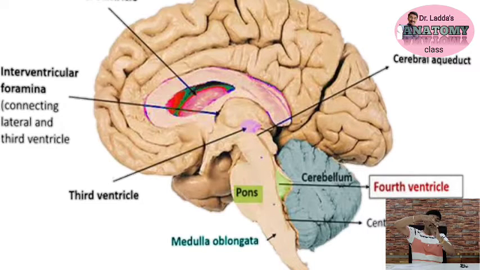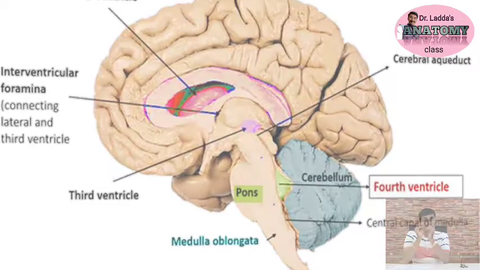So, cerebellum, fourth ventricle and brainstem. Which part of the brainstem comes in relation with the fourth ventricle? The pons and part of the medulla oblongata. These are the parts which come in relation with the fourth ventricle.